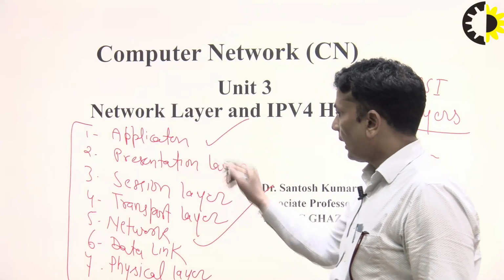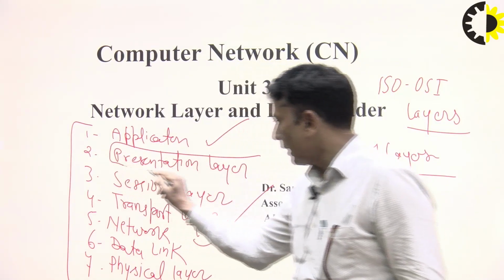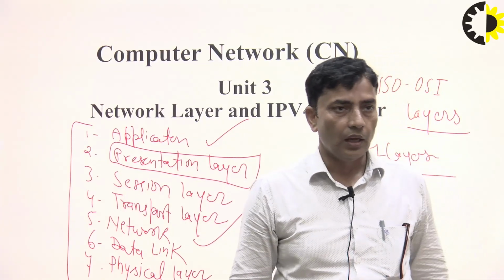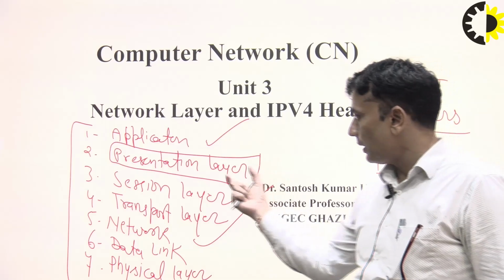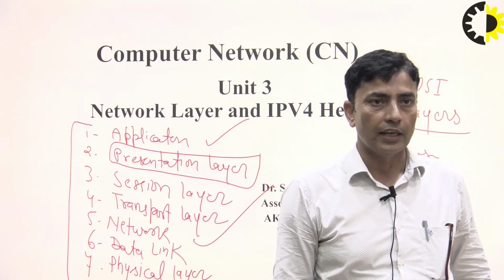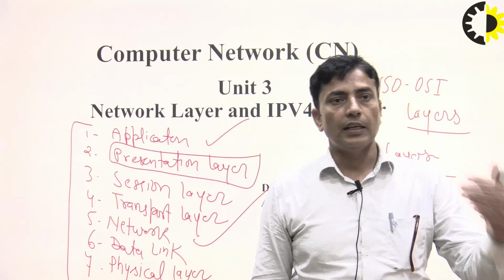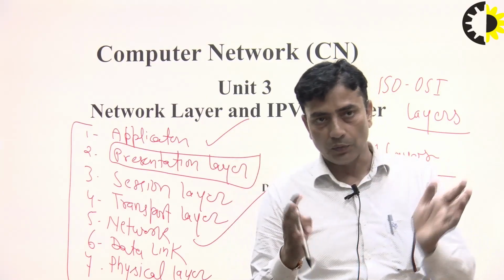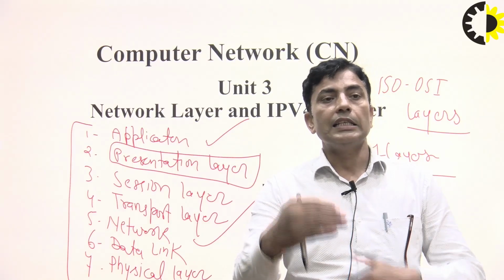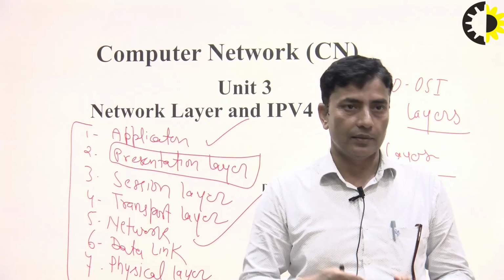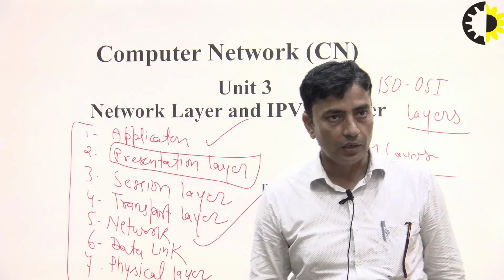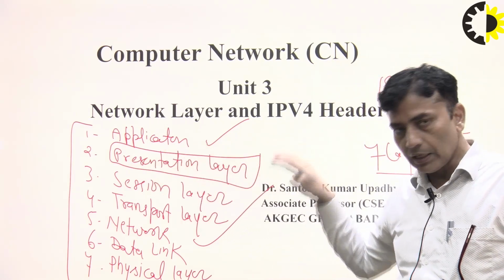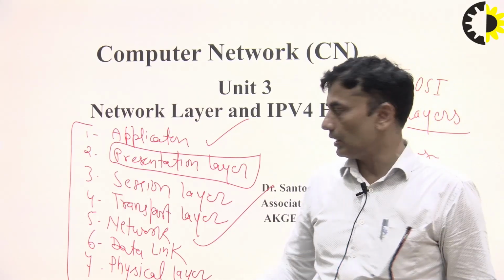Then this data is presented by some protocol or algorithm, and that responsibility is given to the presentation layer. At this layer, large data is compressed, or encoded and encrypted for security reasons. So, data compression as well as data encryption is done at the presentation layer.